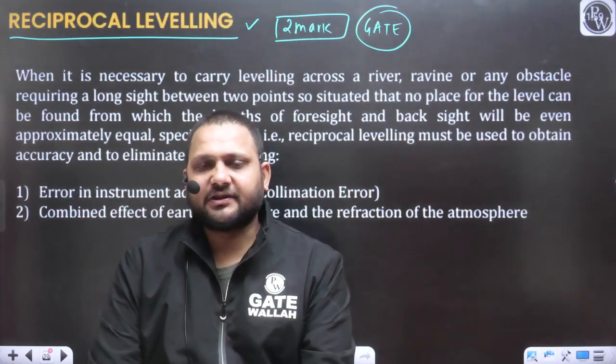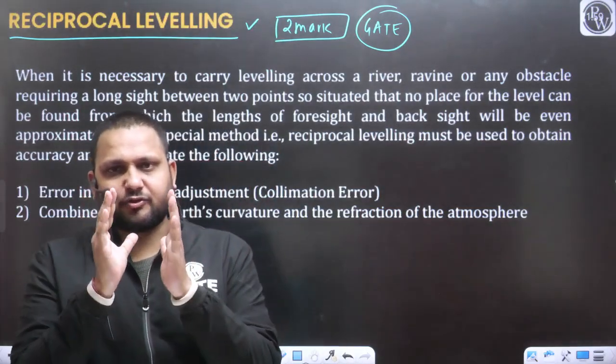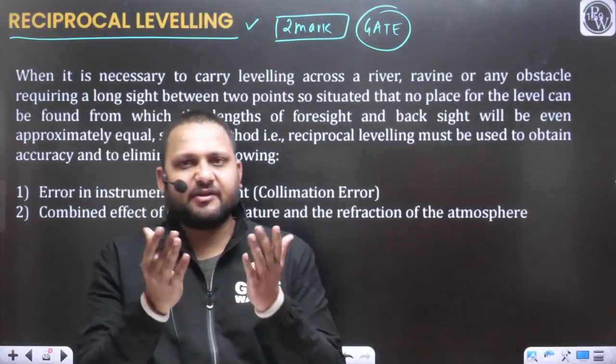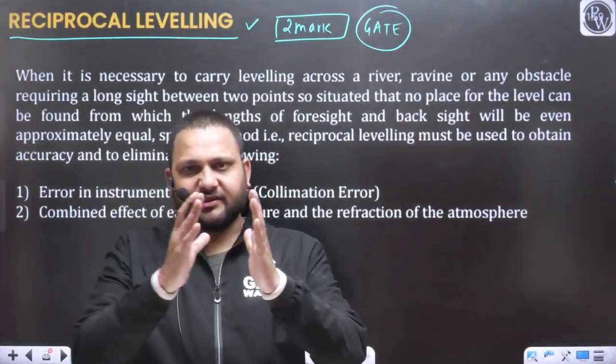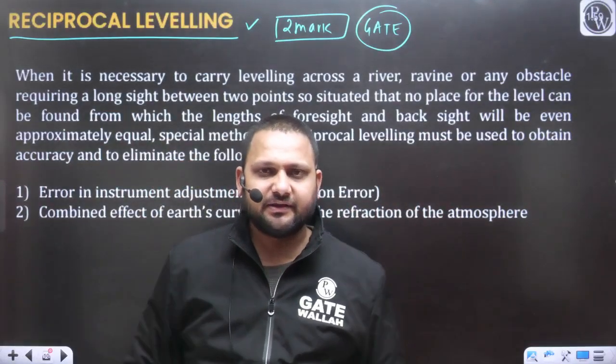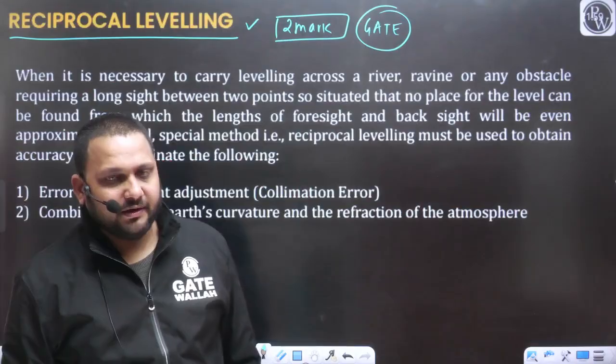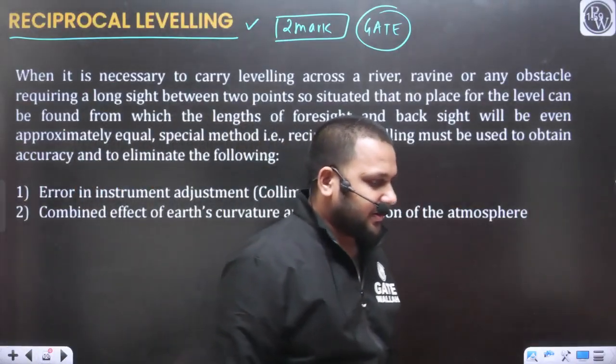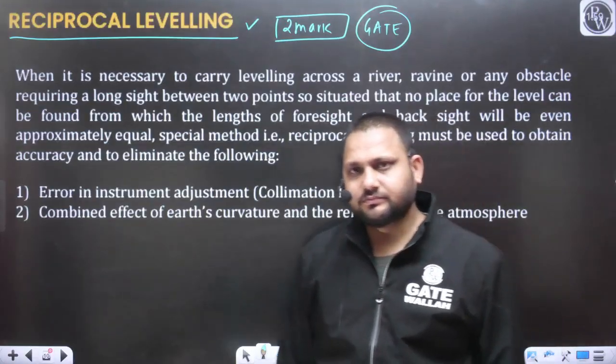If the distance between the level instrument and the staff is less, there will be less error. If the distance is more, there will be more error due to the curvature and the refraction.